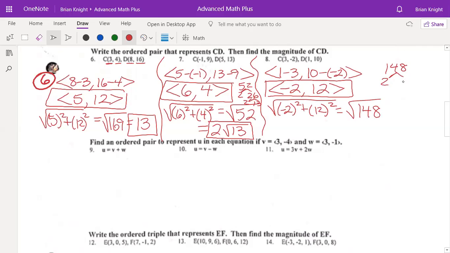That'd be 2 and 74, and then 2 will go into 74, 37. 37's prime, so we're done. So you can bring a 2 out front, and you'll have a square root of 37 left. Okay? You have to have a pair of the same factor to bring it out front.